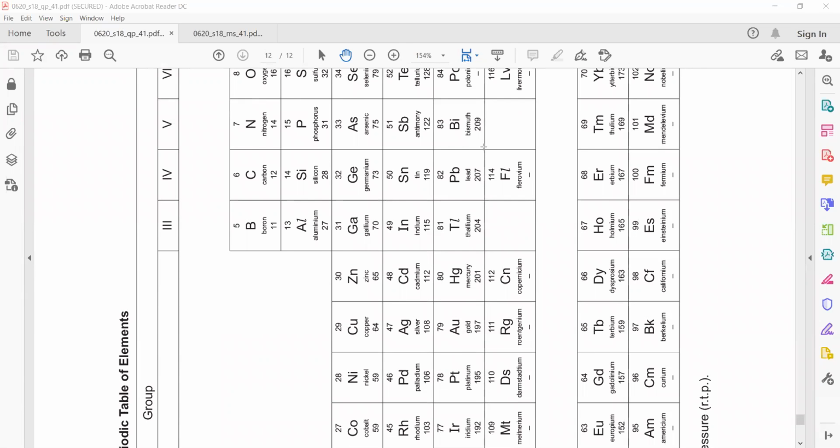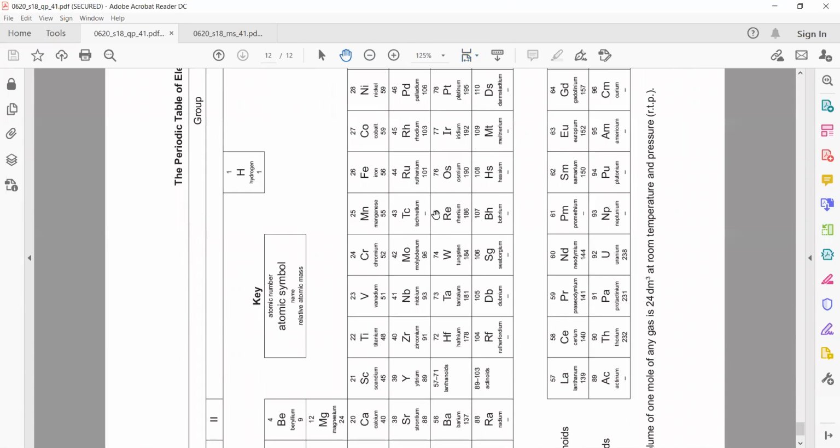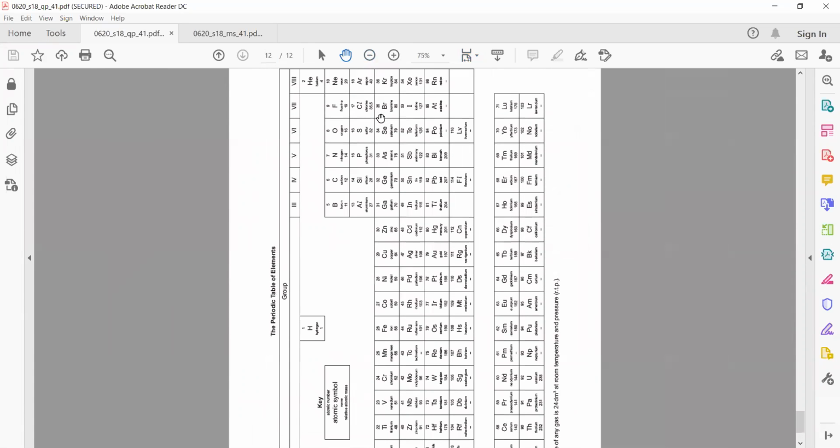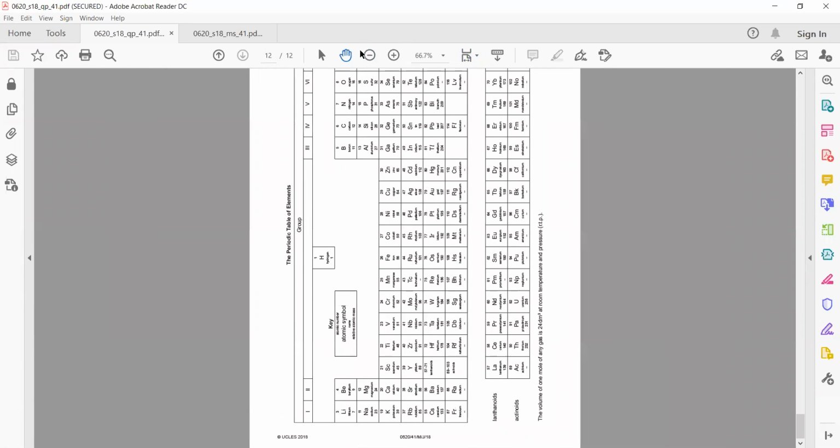So this is 114, and when you check the period, the horizontal rows refer to periods, but because the periodic table is tilted, this one is period 1, 2, 3, 4, 5, 6, and 7. So it belongs to period 7.